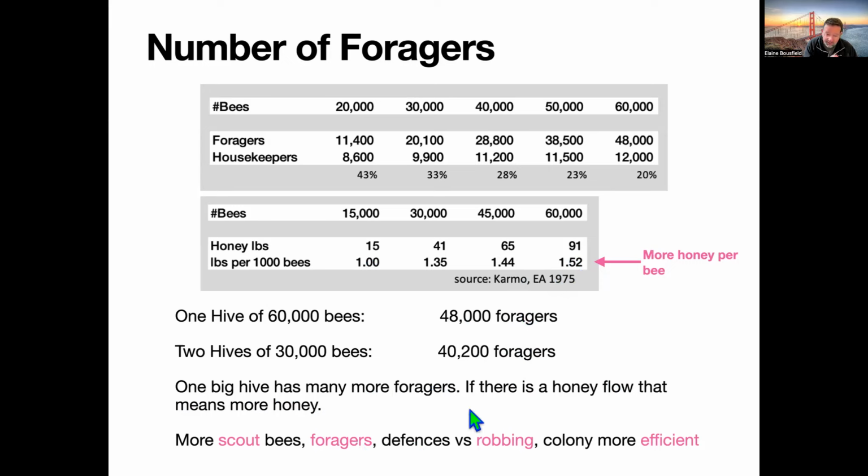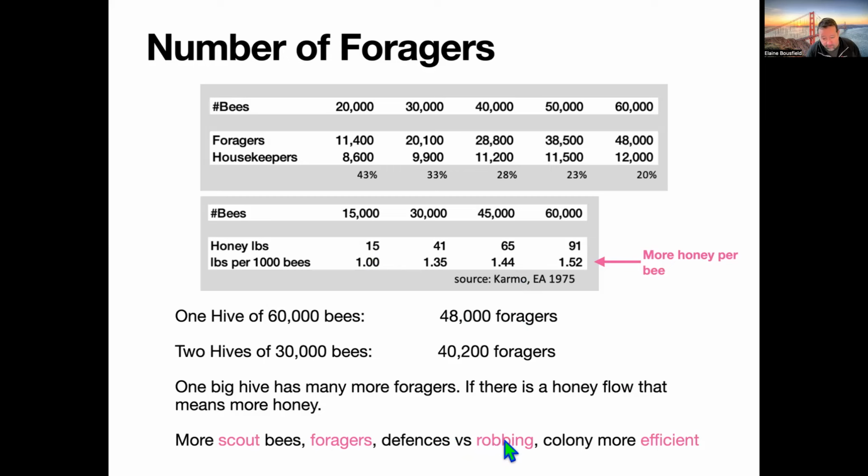And the reason for that, I believe, I don't know, but I was thinking about this, why would a larger colony make more honey per bee? I'm thinking that they've got more scout bees. So as soon as a tree or a field comes into bloom, the larger colony with more scouts will find it first. They've got more foragers, they'll be all over it, they'll get a head start on the smaller colony. And they also have much less chance of being robbed.